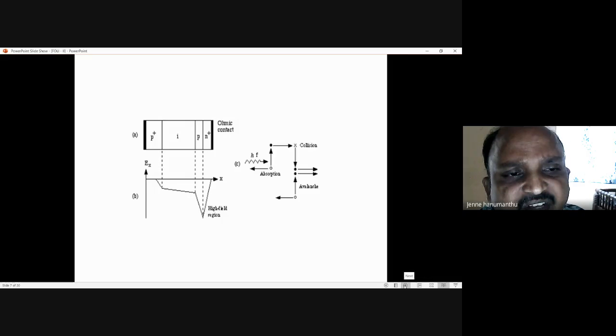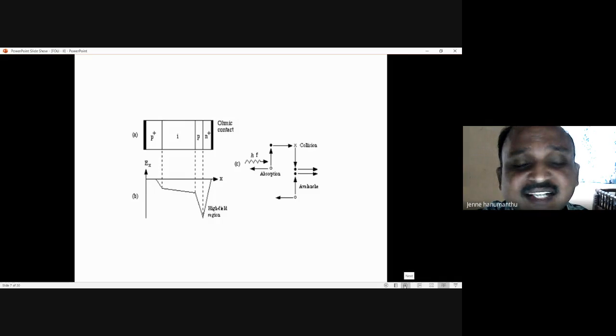They collide with other carriers, and again they are multiplied. Like this, the multiplication of the photo carriers takes place because of the high reverse bias electric field. It is nothing but the avalanche effect. What is the avalanche effect?